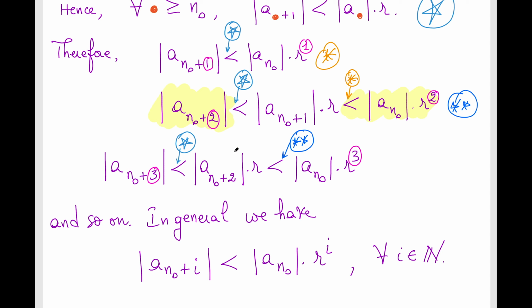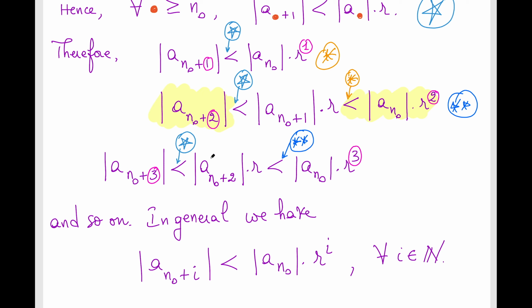Makes sense? So whatever this guy is here, n naught plus i is part of the index. Okay, just to be clear on this. So whatever i is, that i here is gonna sit as a power.